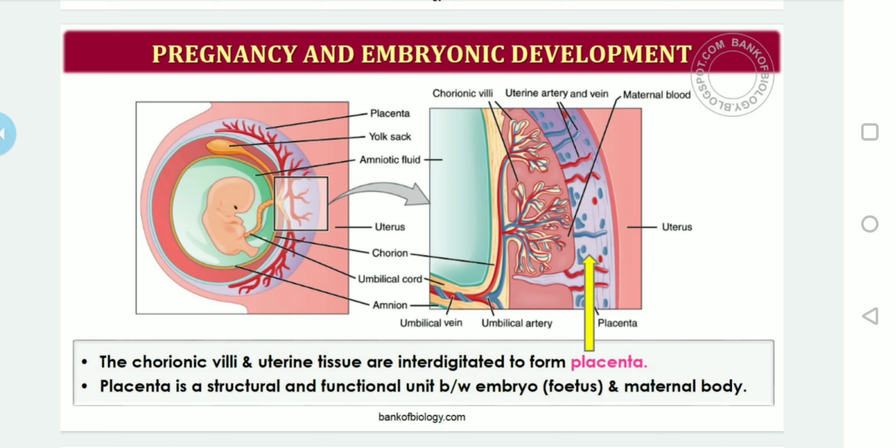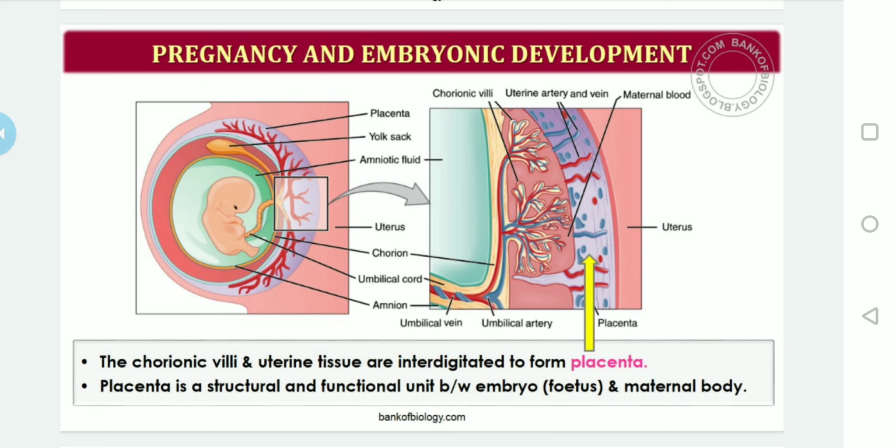Or in one line, you can also say the placenta is a structural and functional unit between the growing embryo or fetus and the maternal body. On the right side, whatever is given with the yellow indication line, there is an arrow mark you can identify.